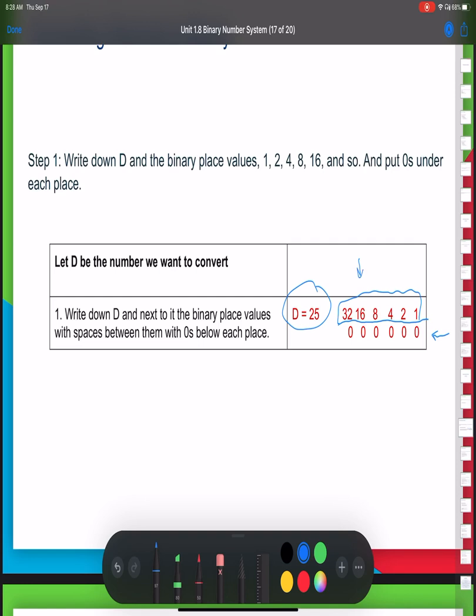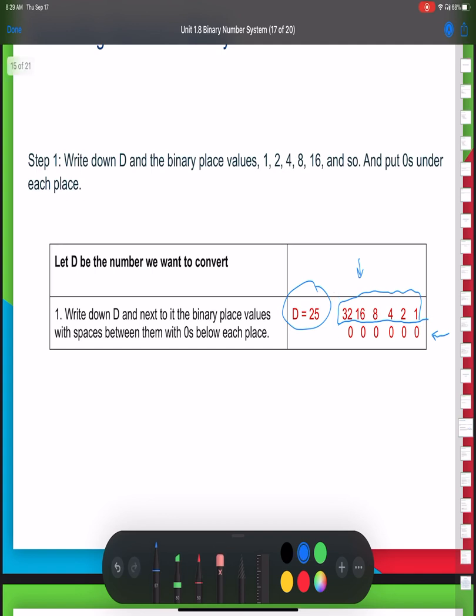You're always going to want to go to the number that is higher than the value you're trying to find. So for example, if the number I needed to find was 34, you wouldn't stop at 32, you would add one additional zero, and that would be 64, because you always want to have that one space beyond the number. So in this case 25 is greater than 16, we want to always go to the next column over and make sure that we have another spot available.